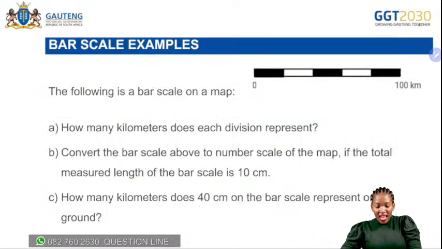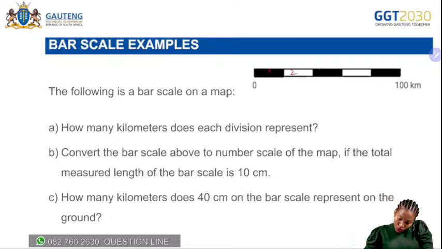And then, guys, here is another example of a bar scale. So we've got our bar scale. It has 1, 2, 3, 4, 5 bars. And then the entire bar scale is equivalent to 100 kilometers. How many kilometers does each division represent? We've got the total is 100 kilometers.